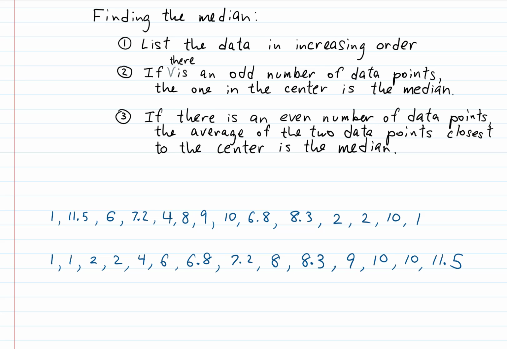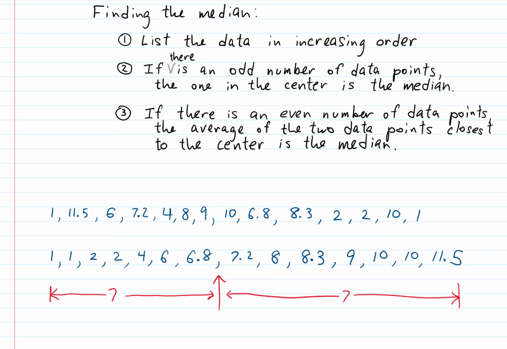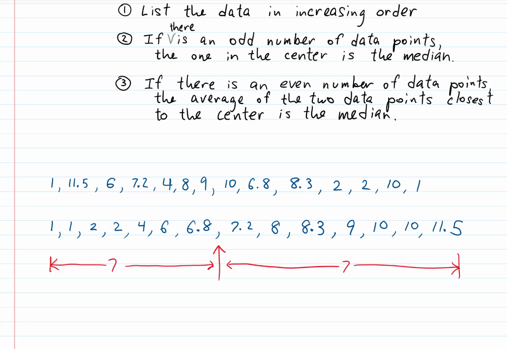Okay. Now there's 14 of those data points. So if I were to go right to the center, where would I be? The center would be right here, because there's 7 data points here and 7 data points here. The center is not one of the data points.